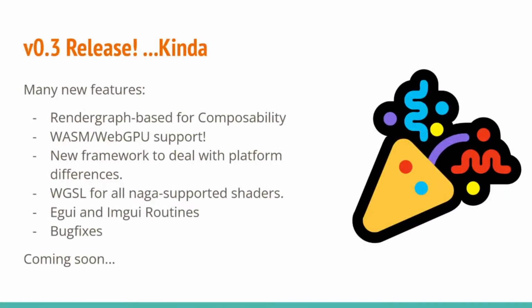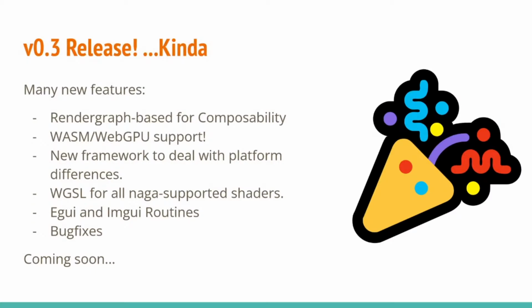So, we're here to celebrate the 0.3 release. Many new features. One is that we now have a proper render graph so that we can compose different rendering routines in a way that is a lot cleaner than it was before. We have WASM and WebGPU support.